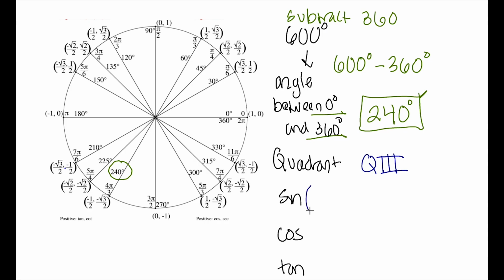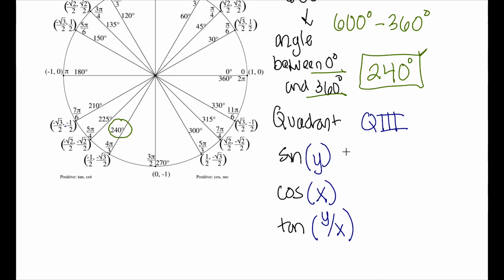So remember, the sine is your y value, the cosine is your x value, and tangent is sine over cosine, or y over x. So let's look at our angle here. The sine is the y value of the coordinate pair, or negative radical 3 over 2.